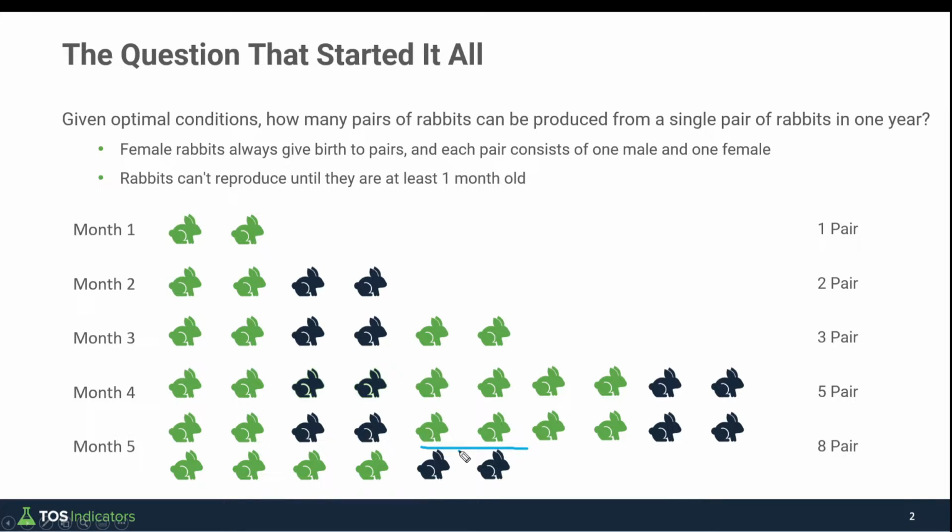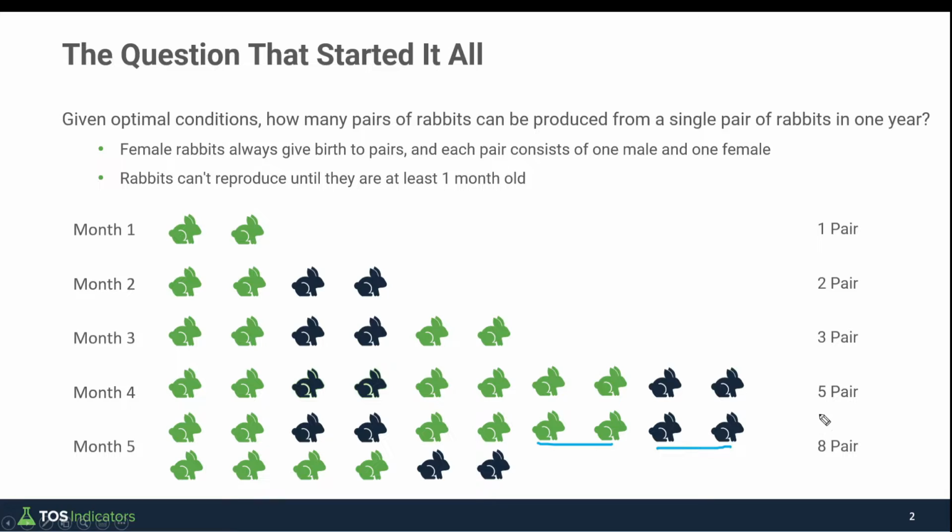We have the reproduced pair of that right down here. And we have the pair of rabbits from month 4, which have also turned 1 month old, and starting next period, they can also contribute to this reproduction cycle. And thus, we have on the right hand side a sequence that goes 1 pair, 2 pair, 3 pair, 5 pair, 8 pair.